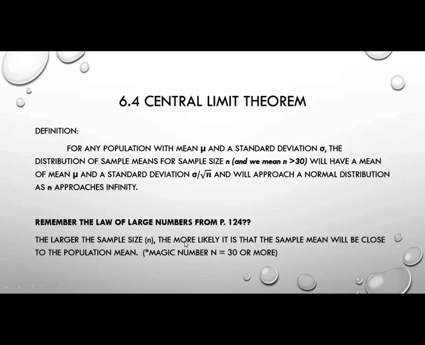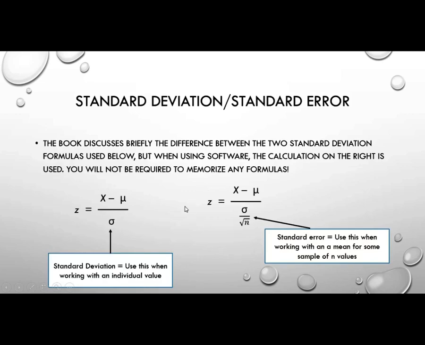Okay, so you might have noticed this weird sigma over the square root of the sample size. The book barely touches on this, but it briefly discusses the difference between the two standard deviation formulas used below. You don't have to memorize it, just know that this is the population parameter, and we don't know this.